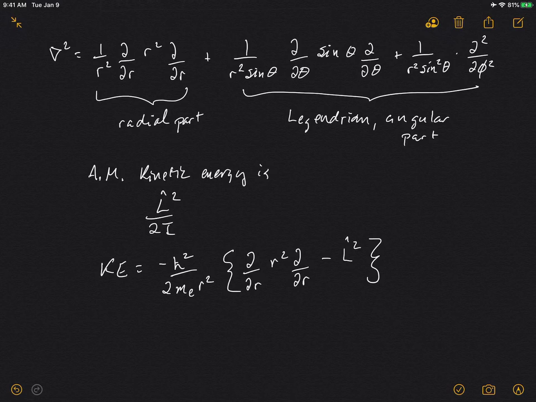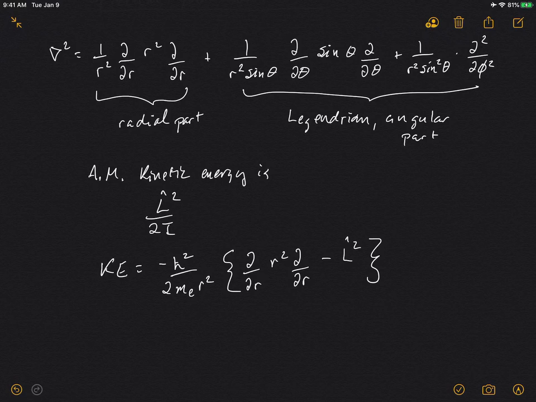And this hints at two different contributions to kinetic energy. There's kinetic energy associated with changes in r, so changes in the electron-nuclear distance, and you can imagine the electron bouncing back and forth, not orbiting, just changing r, not changing theta and phi.